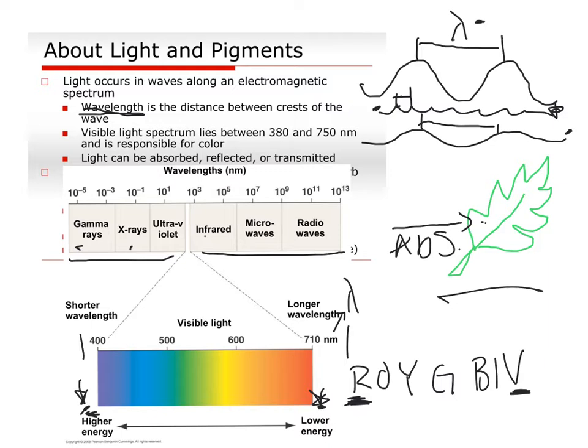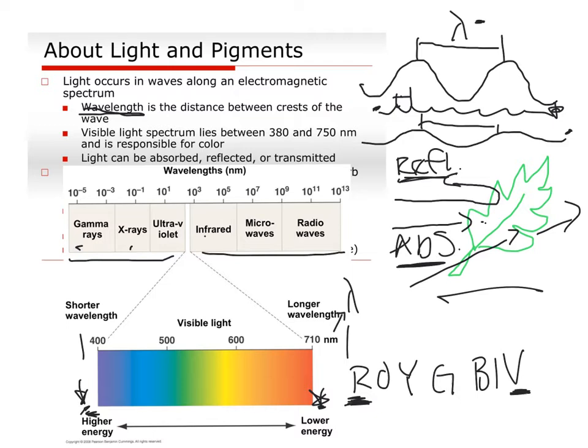A second possibility is that light strikes the surface of the leaf and is reflected. Okay? Now there is a third possibility we don't usually talk about in photosynthesis, and that is that light is transmitted. In other words, it goes through the object that it's striking. For our purposes, we're really just focusing on absorption and reflection of light.